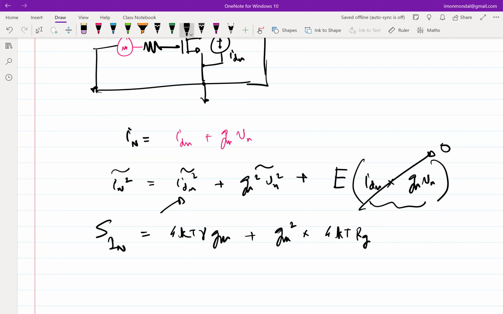That's how you find out the total current noise at the output.